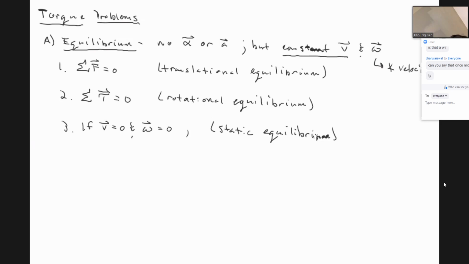Does that make sense? Cool. And then static equilibrium, we've discussed. Everything staying still. Okay? So let's hit some problems for thought. Get you guys thinking.